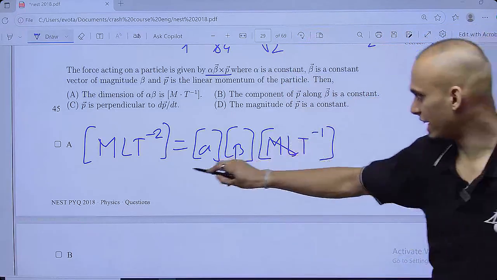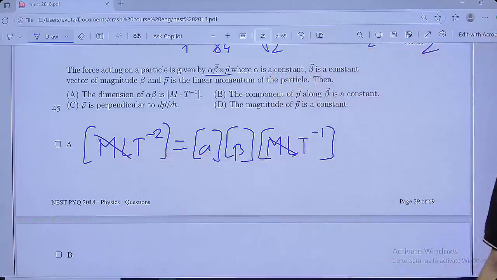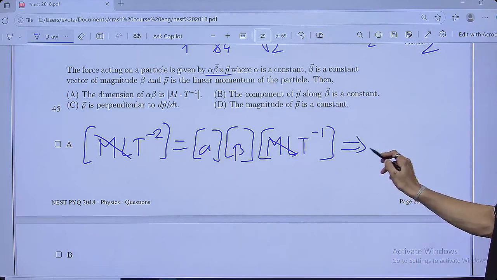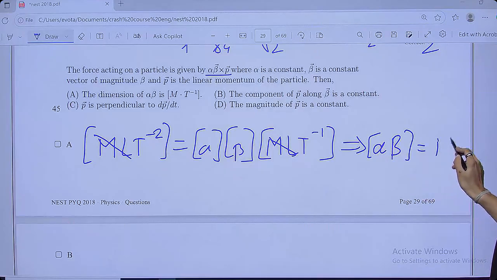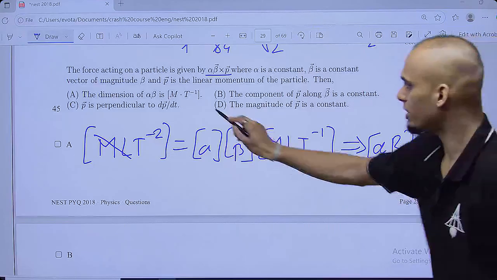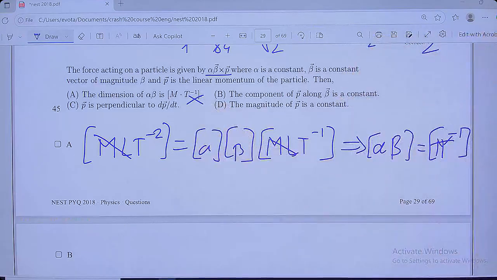M and L will get cancelled exactly with M and L. T inverse will get cancelled with T raised to minus 2 to get T raised to minus 1. So the dimensions of alpha and beta come out to be, sorry, there's no mass, just time raised to minus 1. Option A is incorrect from here.